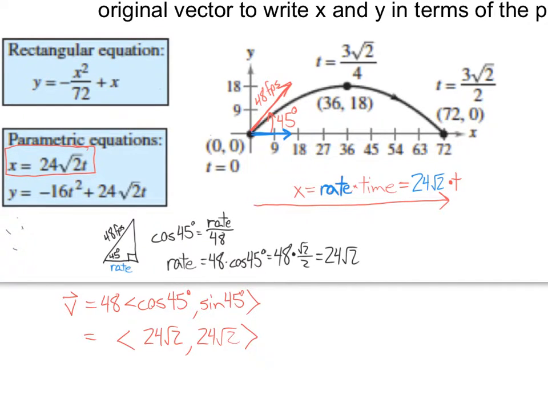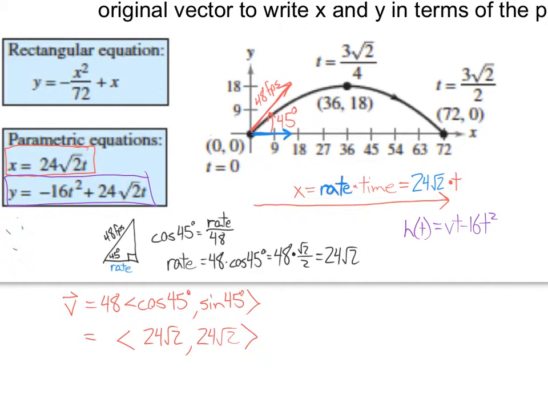Now let's make a connection back to something we did earlier as well, and that is we're looking for y, which is how high this thing is. You guys remember the height at time t? This formula? Where it's vt minus 16t squared. We did that way back in Unit 3.